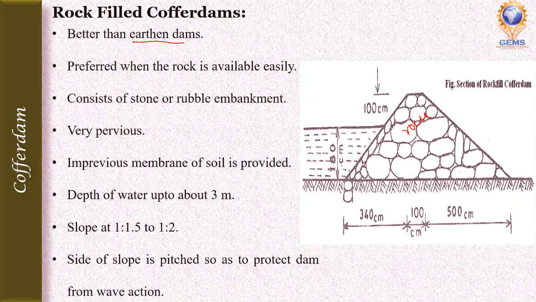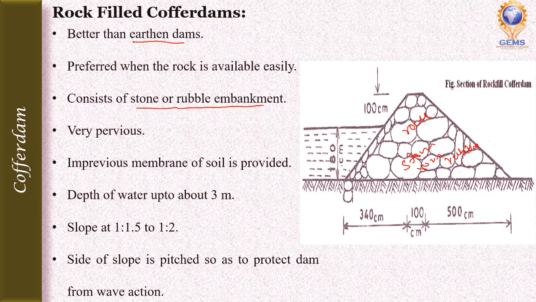This rock-filled cofferdam consists of a stone or rubble embankment. But due to the stone or rubble embankment, these dams are very pervious. Pervious means it will allow water from one end to the other end.